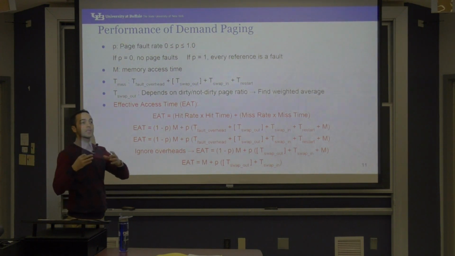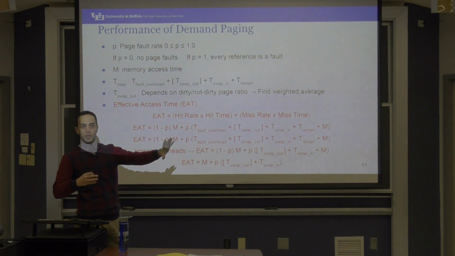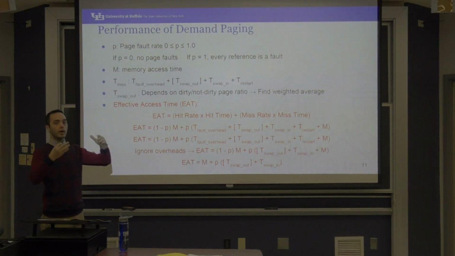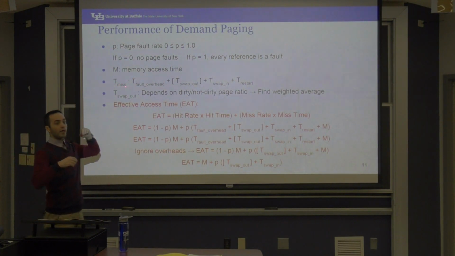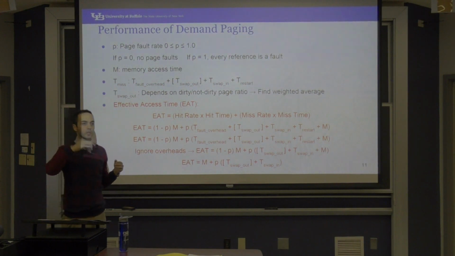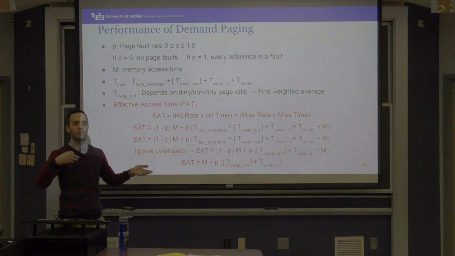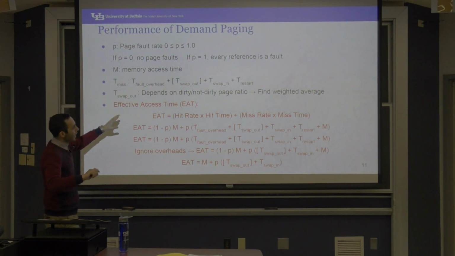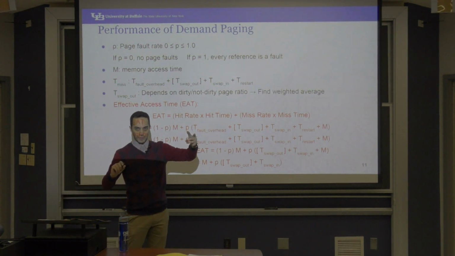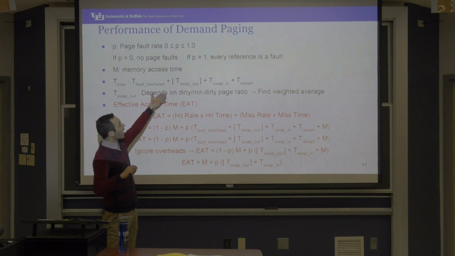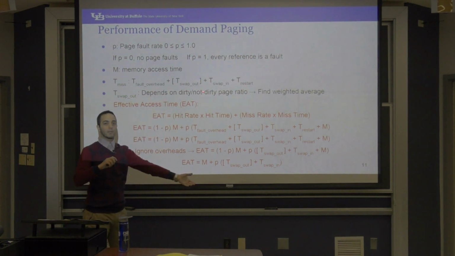Now, if the page is not available in the physical memory, that's a page fault. So a page fault is now like an overhead. The time of a page miss is considered the page fault overhead: going to the interrupt, disabling interrupts, loading the frame stack, and so on. And then we want to pick a victim to replace. We might need to swap it out and make some space.